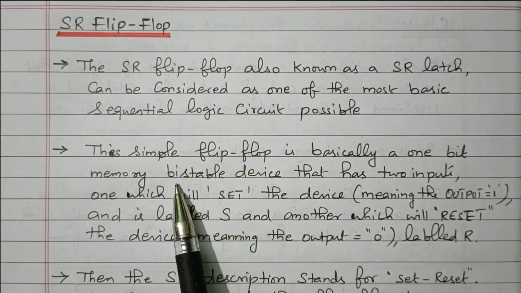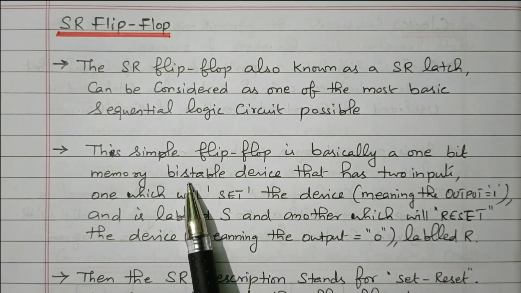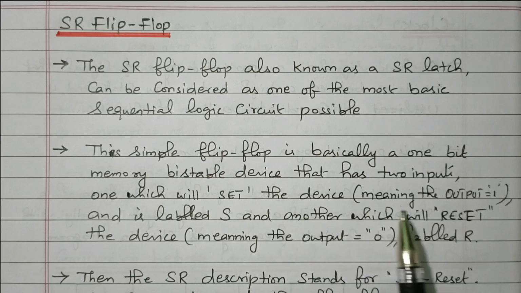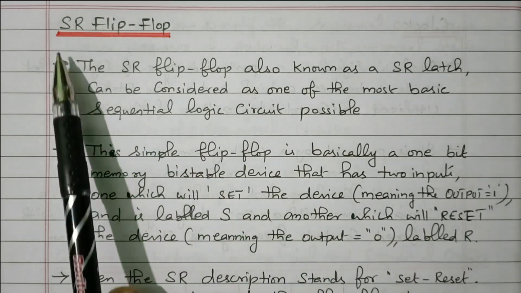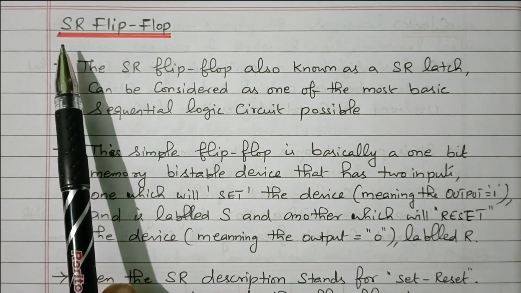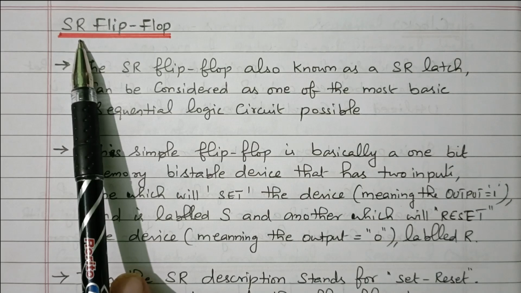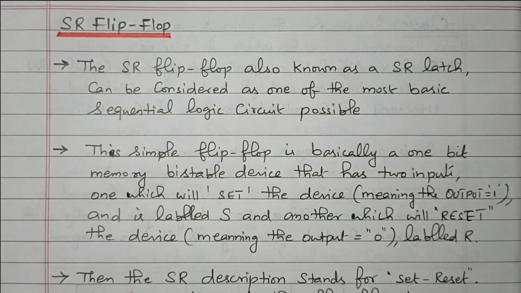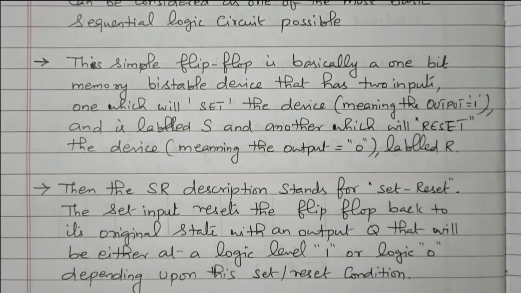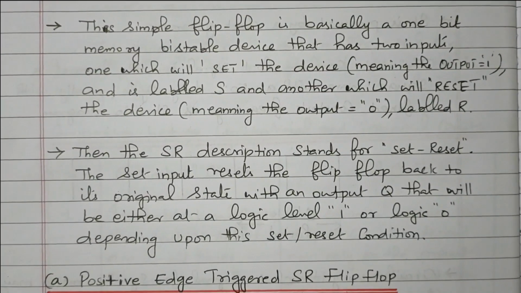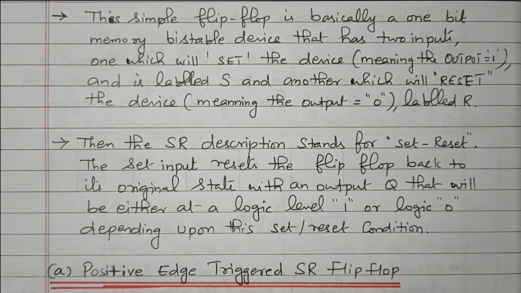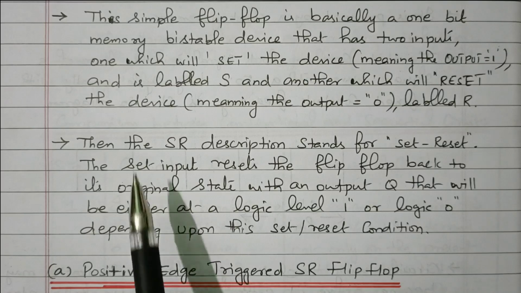So we have the bistable device. Bistable means two states. Set means it will make the output 1. Reset means it will make the output 0. So S refers to set, output 1. R refers to reset, output is 0. Right? So we can set or reset the output of this circuit. Set means 1, reset means 0.